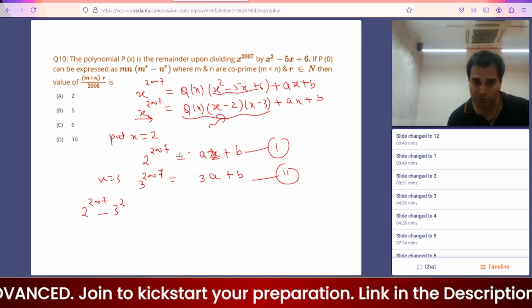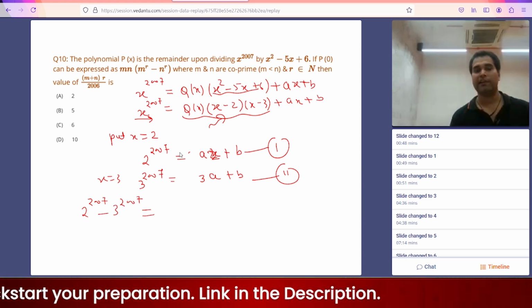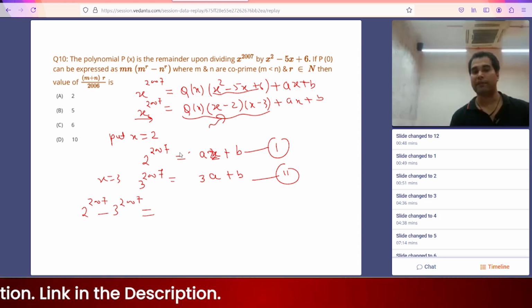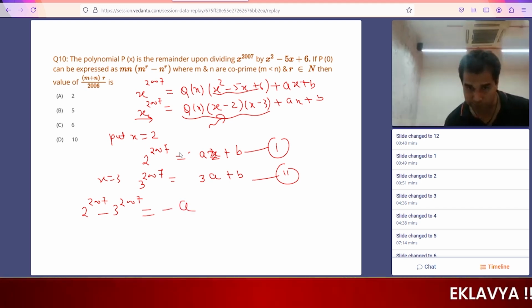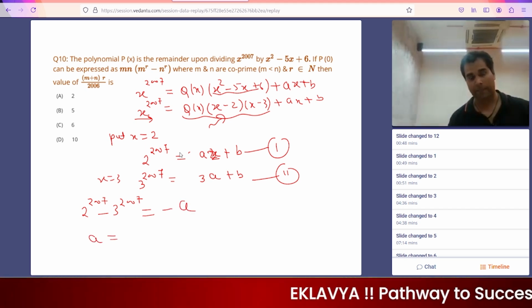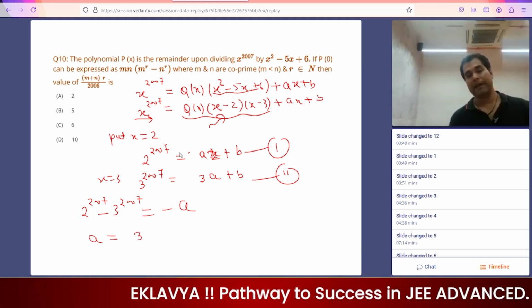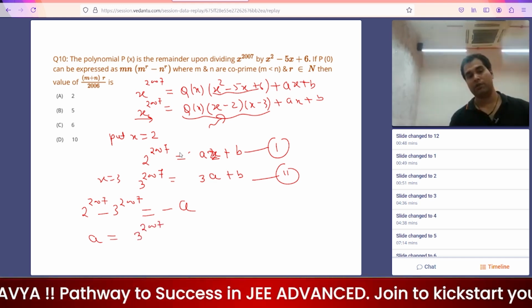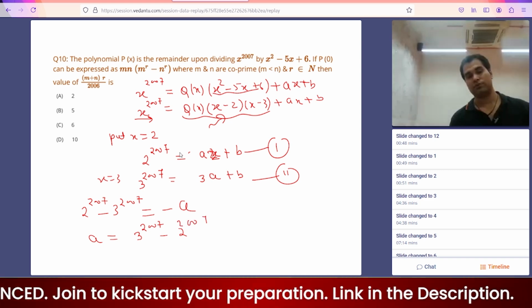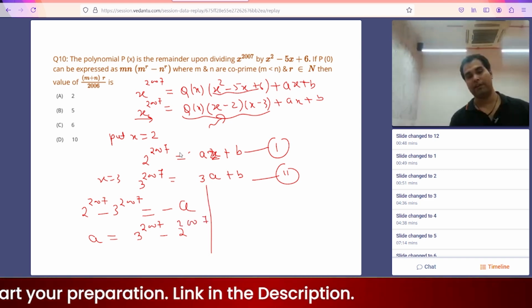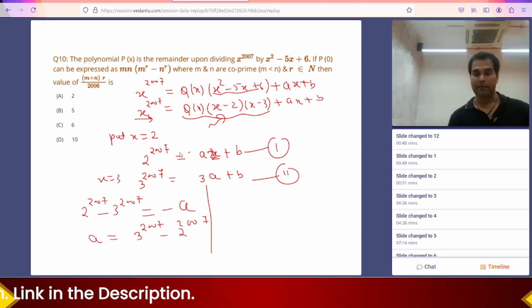2 raised to 2007 minus 3 raised to the power 2007 equals 2a minus 3a, which means minus a. Here we will get a equal to 3^2007 minus 2^2007. It's okay.